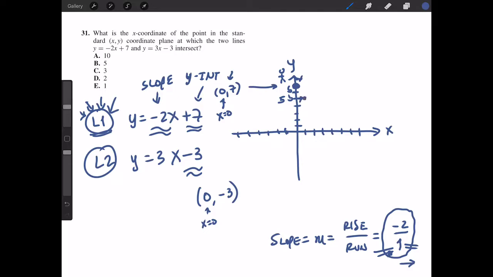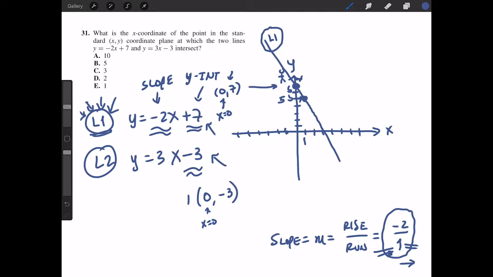And that means that if I'm standing at x equals 0, moving 1 to the right would land me here at x equals 1. So I have a second point for this line. Now I can just connect, because I know that this is the linear equation, the equation of a straight line, and if I connect these with a straight line, I get something like this. So this is line 1.